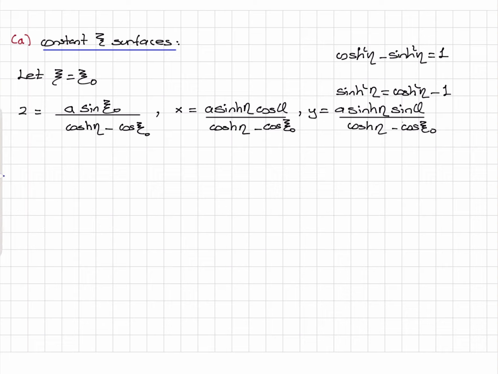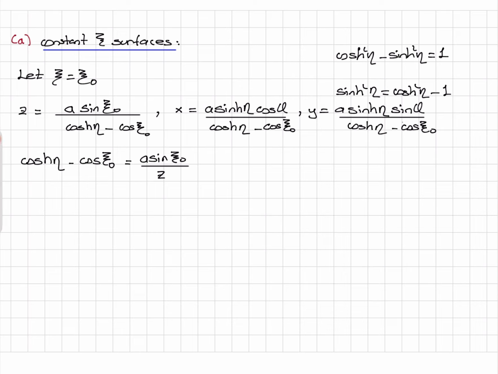Okay. Now, from this coordinate transformation equation, we can write cosh eta minus cos psi 0 is equal to a sin psi 0 divided by c. So this is what we can do.